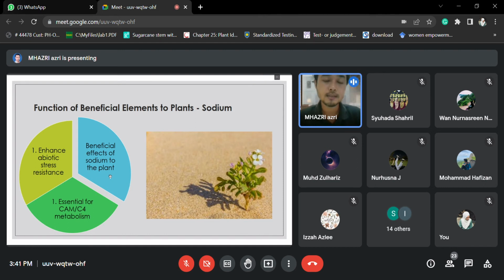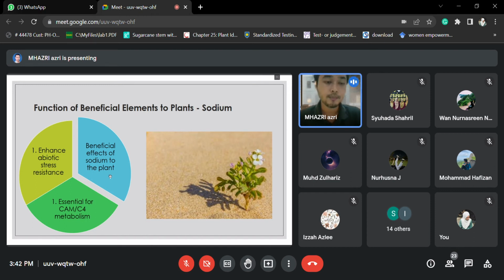So there are certain species plant that can absorb high concentrations of sodiums. So this kind of plant we call halophyte plant. Okay, halophyte plants, plant that can resist toward high concentrations of sodiums. So this plant required sodiums to have a better protections toward abiotic stress.